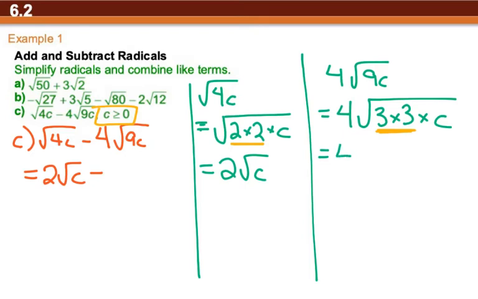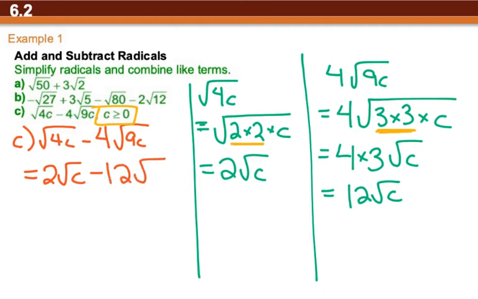When it comes out, it'll be 4 times 3 with the root c left over. Simplify that down, it would end up being 12 root c. Fill that in back over here, so 4 root 9c is equivalent to 12 root c.